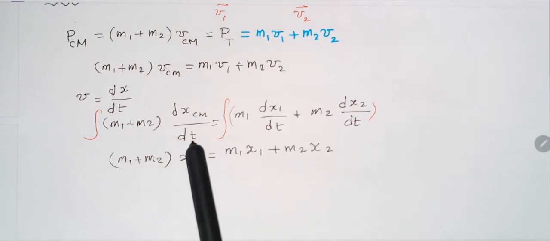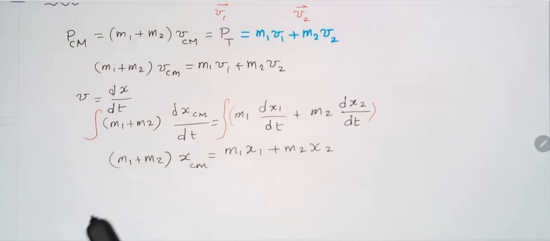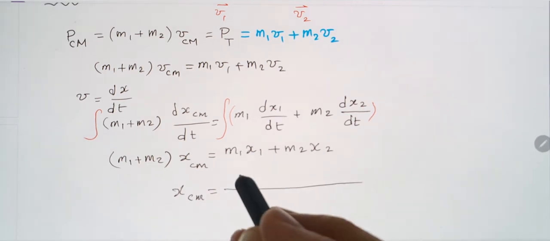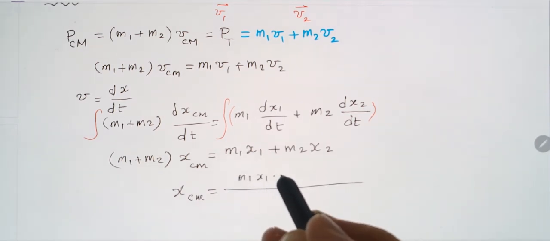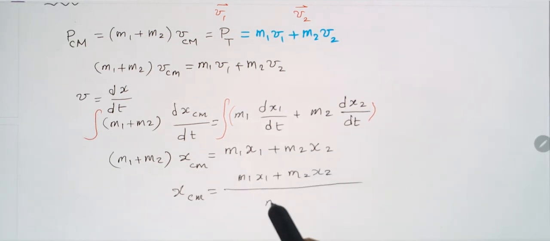Well, the variable here is dt with respect to the time. So that means x, the distance of the center of mass, is equal to m1 x1 plus m2 x2 over the total mass of the system.